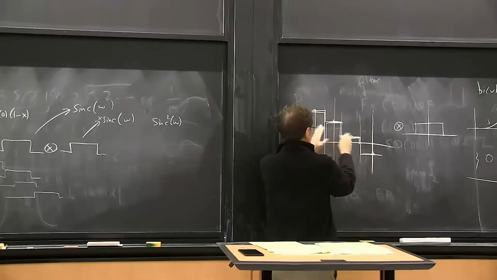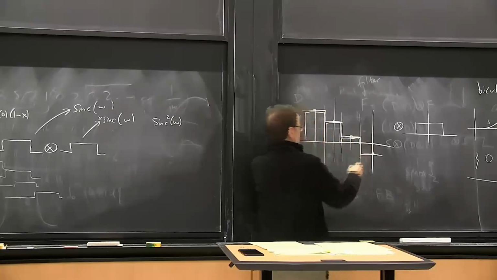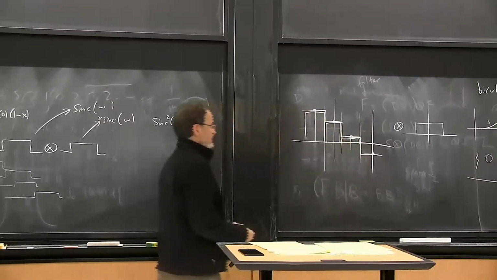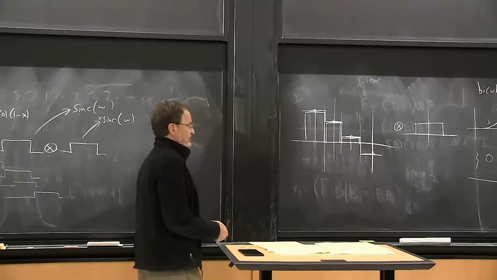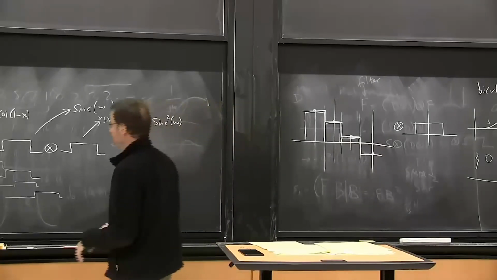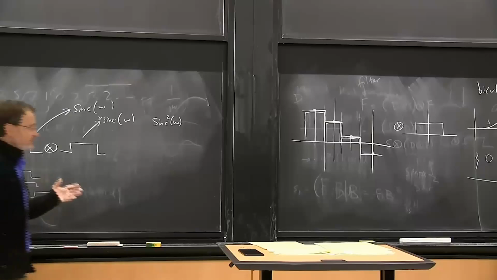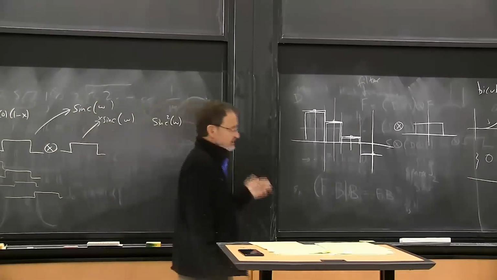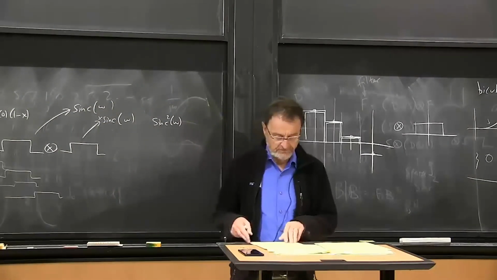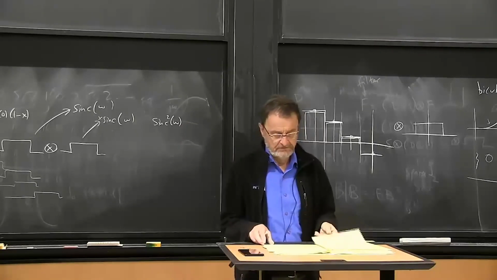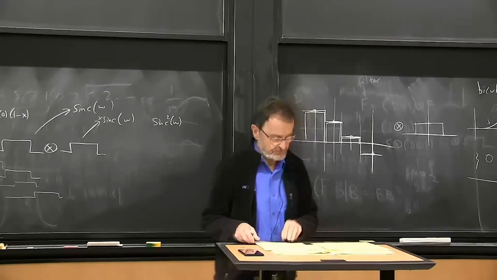So each of these impulses creates a box, and you put them together, you have the nearest neighbor interpolated result. And so in some sense, the linear interpolation is doing that twice. It's twice as good. In some sense, it's the quadratic in the transform domain.